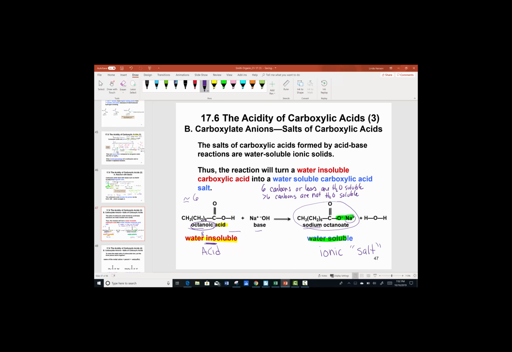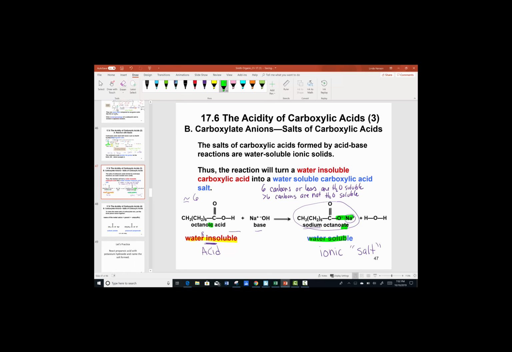And then the ic part of the salt, not the oic, let's emphasize that, but just the ic part gets turned to ate. So you keep the O in this word, octano, and then end it with ate. Octanoate is the ending for that salt. We'll keep practicing. All of these words sound funny to us at first.